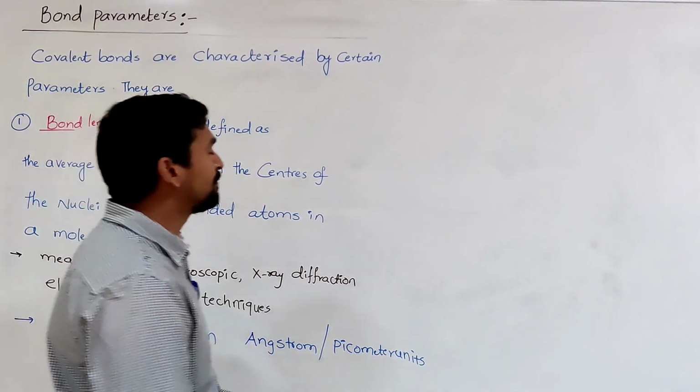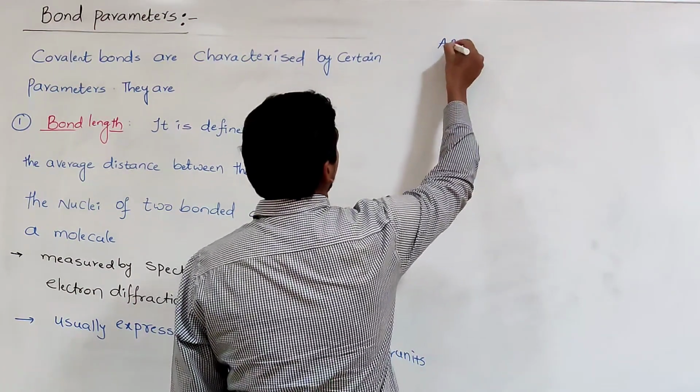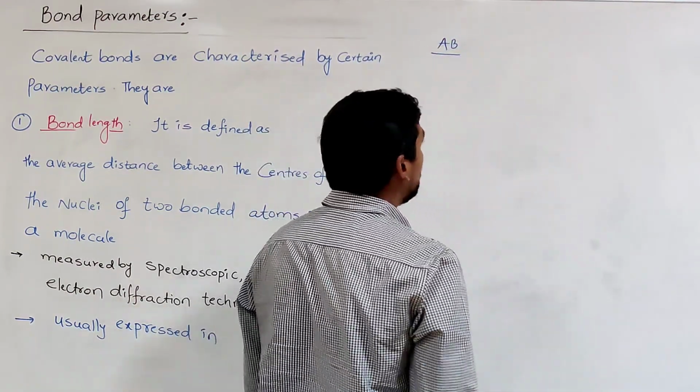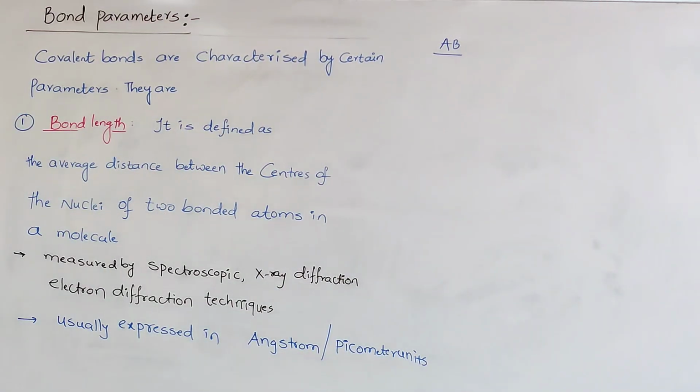For example, a molecule AB is formed. In between A and B, a covalent bond is present.